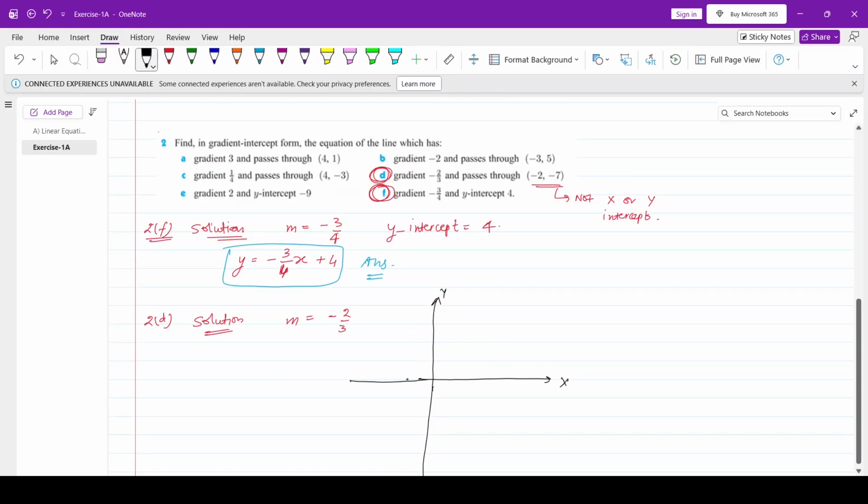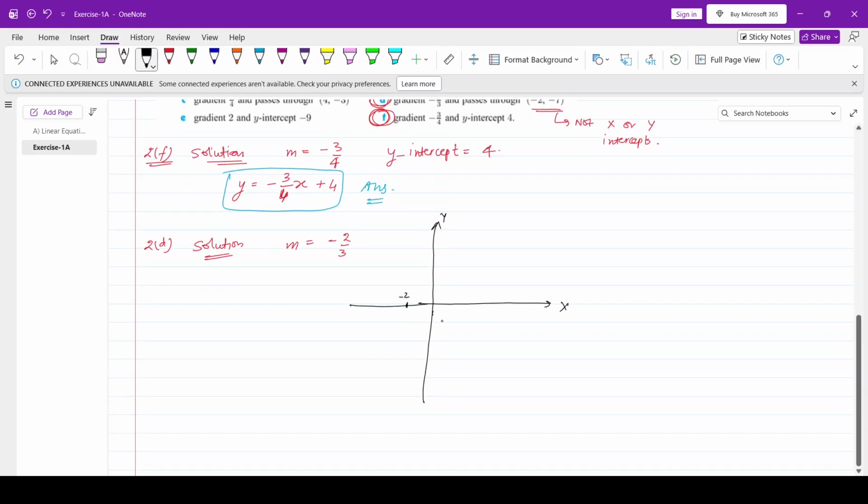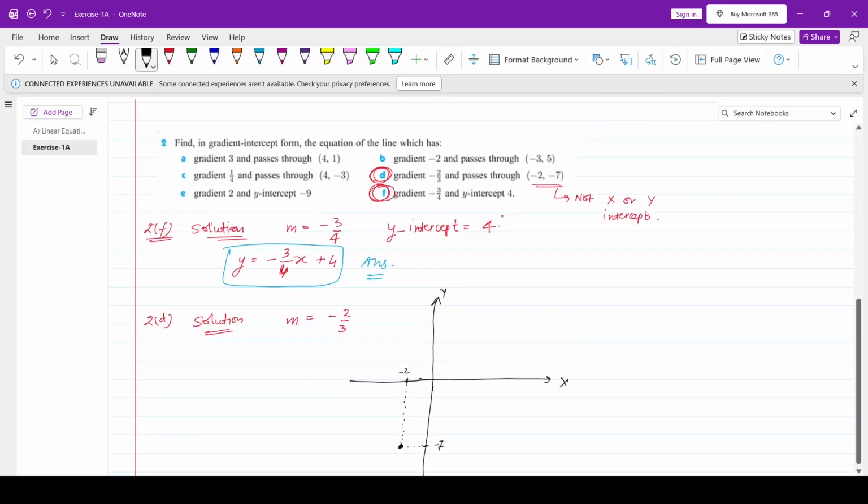So -2 would be somewhere around here, and -7 would be somewhere around here. Where these two lines intersect, this is our point. Now the question says our line passes through this point.